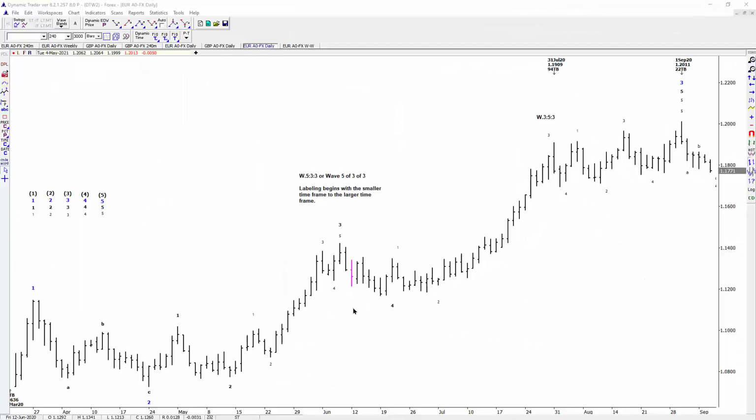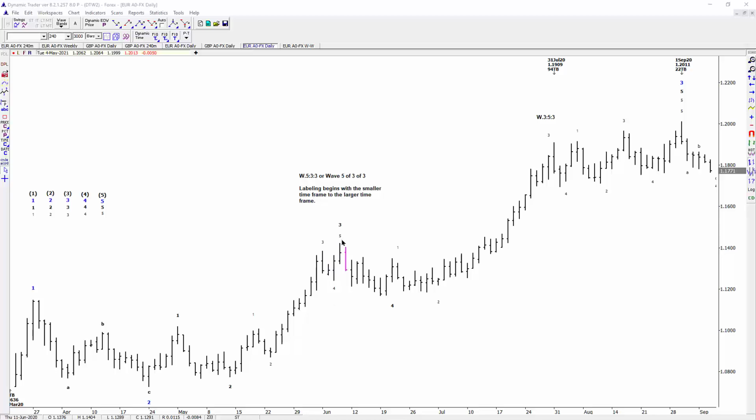So if we were writing about this wave structure, how would we label one of the swing highs or lows and distinguish where it is within the structure, within the larger time frame or the smaller time frame? Let's take what I have labeled here, this wave 3 high, and look up here to see exactly what the full label would be at this point. Well, we always start with the smallest subdivision when we label.